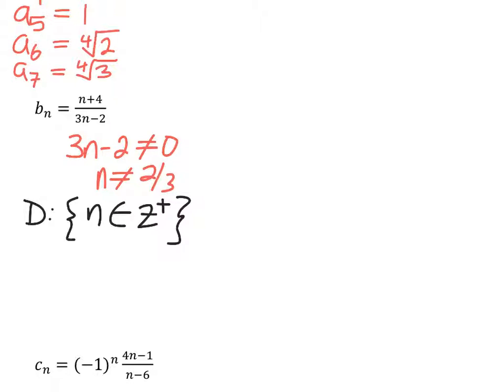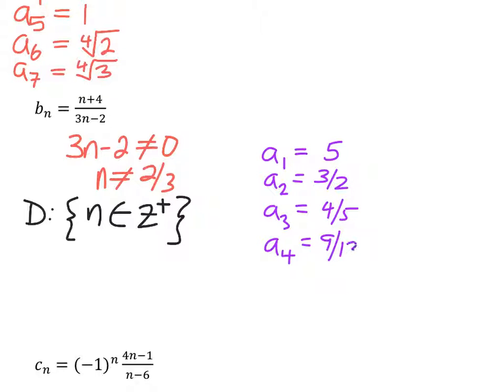So we'd be looking at a sub 1, 2, 3, and 4. So 5, 3/2, 4/5, and 9/13.